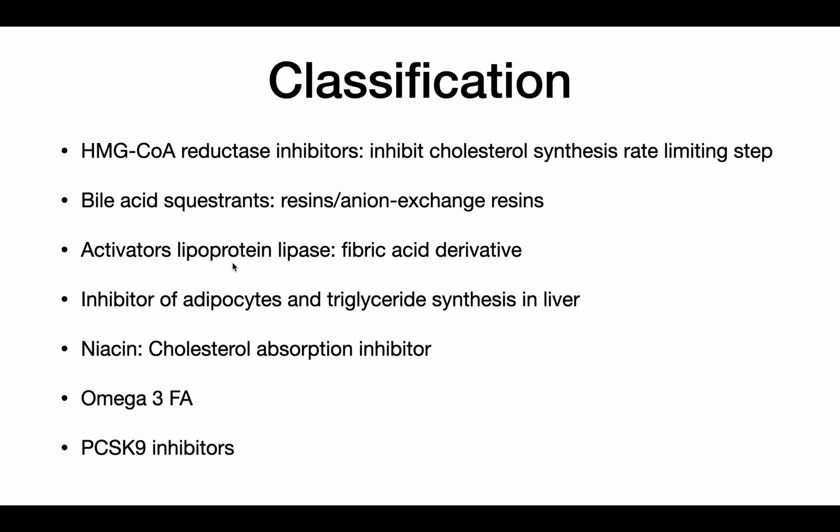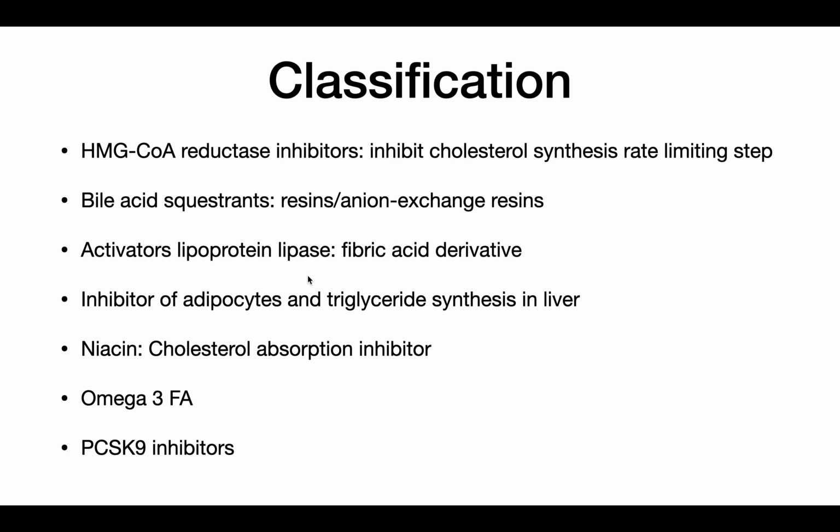The activators of lipoprotein lipase are going to be fibric acid derivatives, and the name makes sense. It's going to cleave the lipase for energy, so using it up, reducing the amount of cholesterol in the blood. There are inhibitors of the adipocyte and the triglyceride synthesis in the liver, allowing more of the cholesterol to be used versus just being stored.